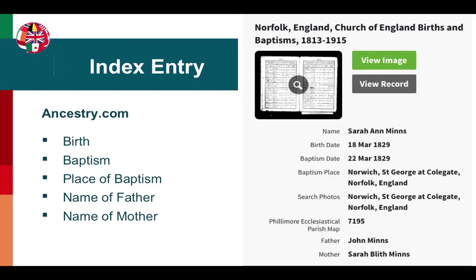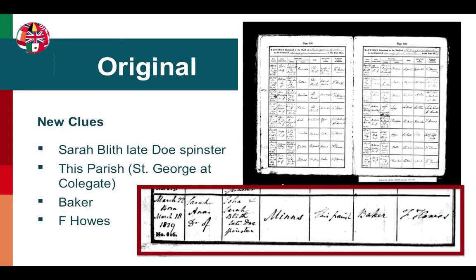Now, just looking at the name of her mother quickly, I may think that Sarah Blythe Minns' maiden name might be Blythe, that maybe when they indexed it, they put that in there by mistake or something like that. When I looked at the original record, I get way more information about Sarah.